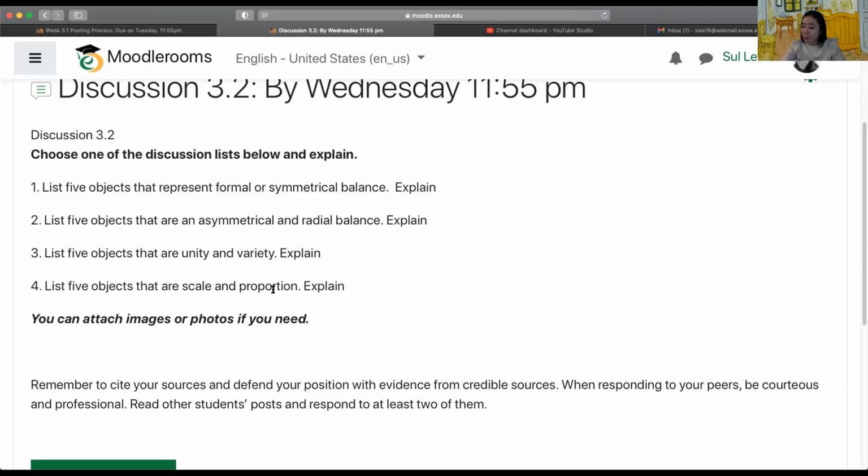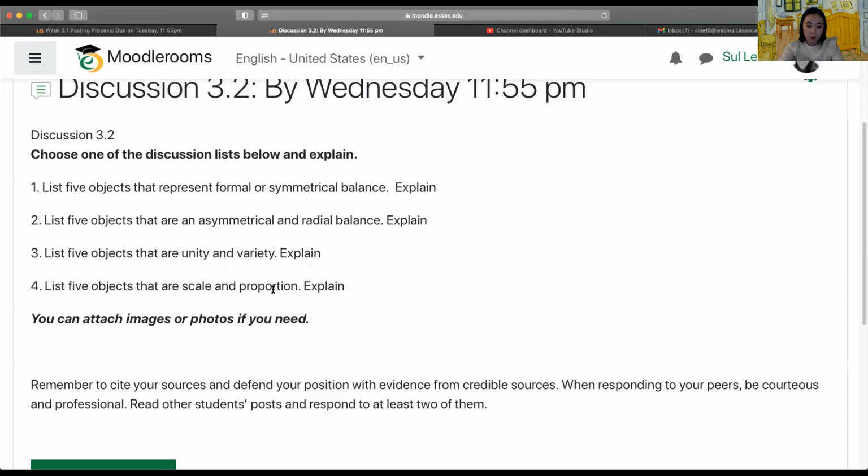So for example, when you look at this glue, the shape has symmetrical balance, right? Or a butterfly, it can be symmetrical balance.